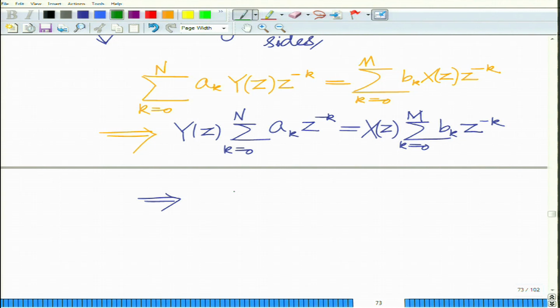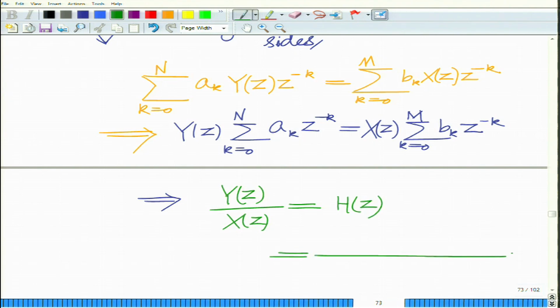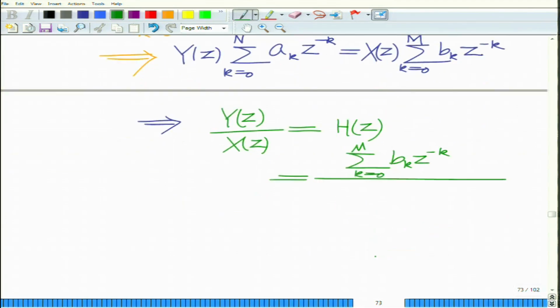which implies that Y(z)/X(z) equals H(z). This is the summation over k from 0 to M of b_k z^{-k} divided by the summation over k from 0 to N of a_k z^{-k}.